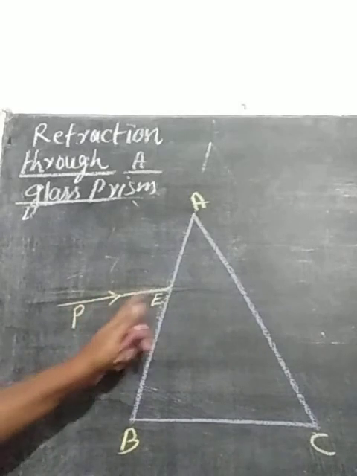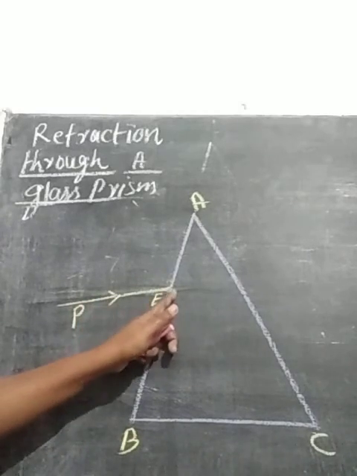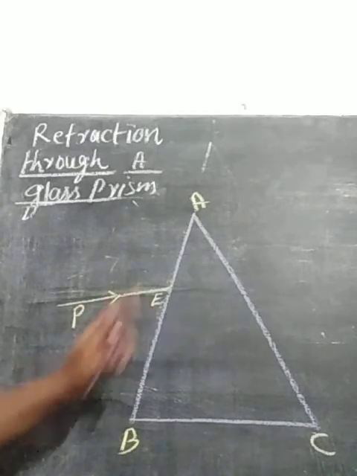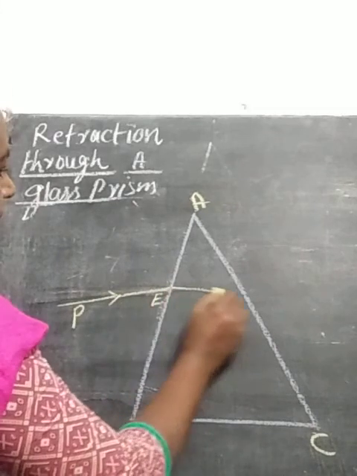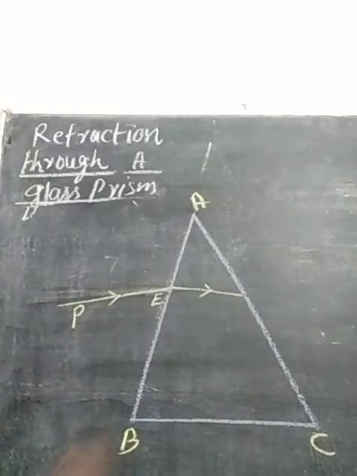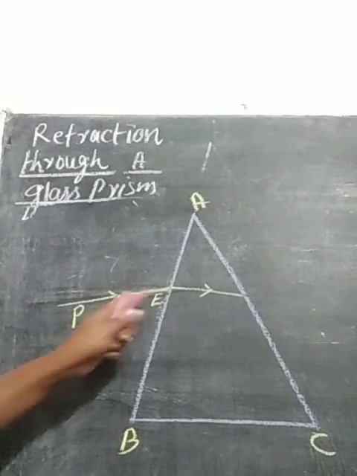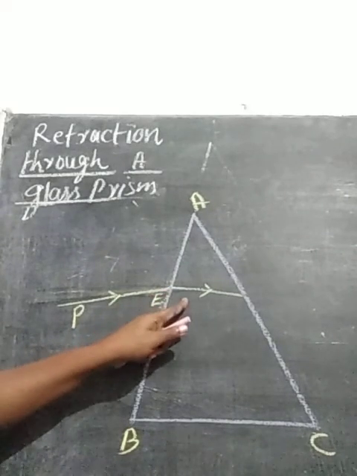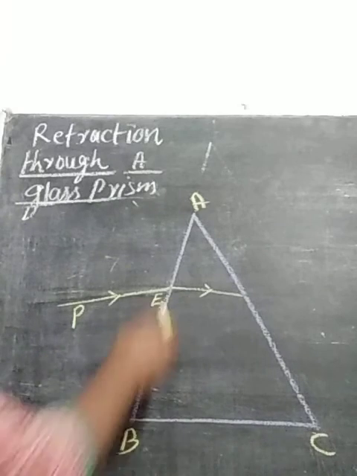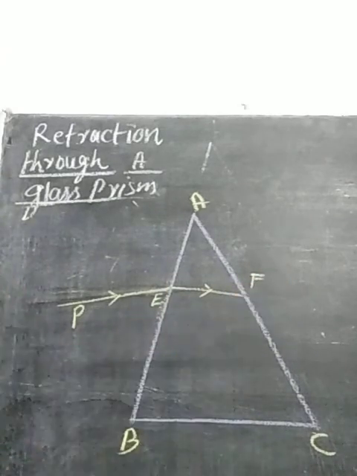It was passing through air, and now it enters the other medium, glass. So at the point E the light ray suffers refraction, and as a result the ray gets refracted. This is the refracted ray from point E, and this ray is marked as EF. EF is the refracted ray.